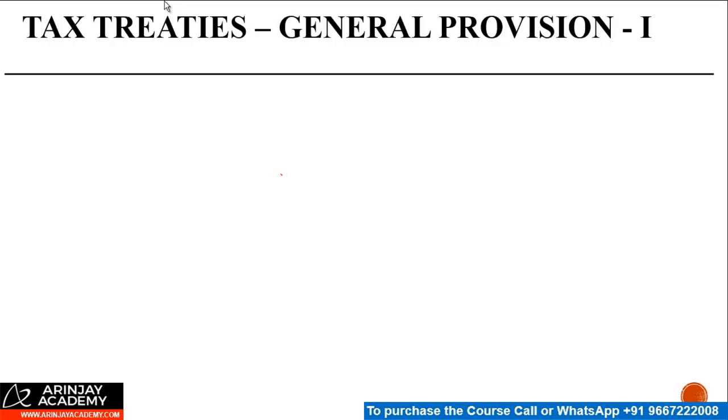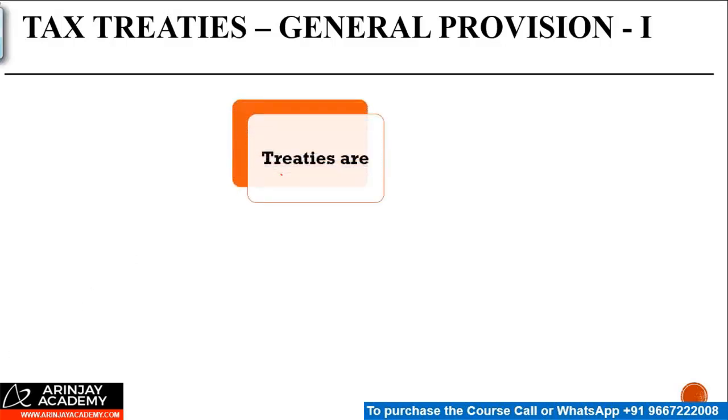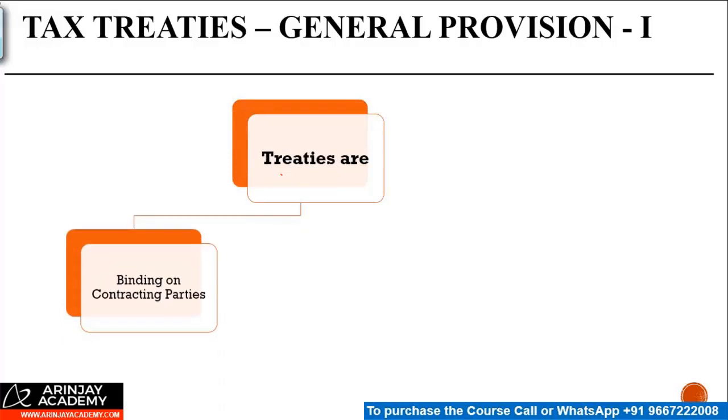Now let's look at some of the tax treaty provisions which are general in nature but are applicable across the entire spectrum of tax treaty analysis. Generally speaking, our tax treaties are binding on contracting parties.